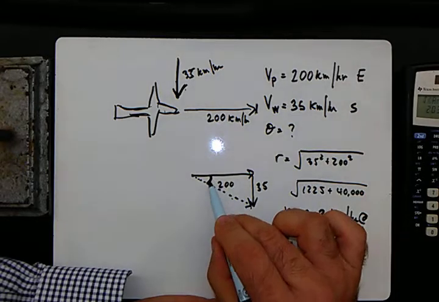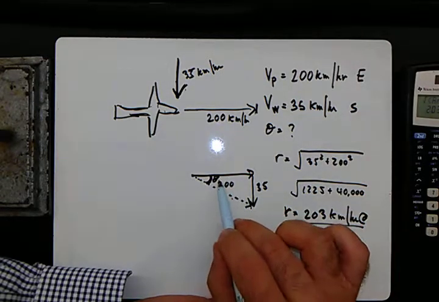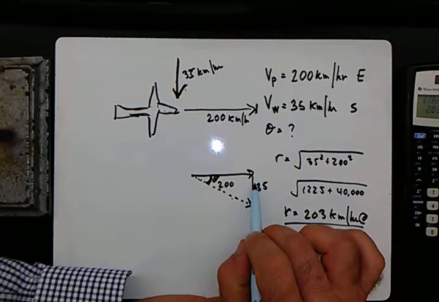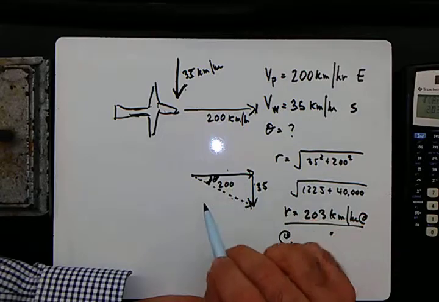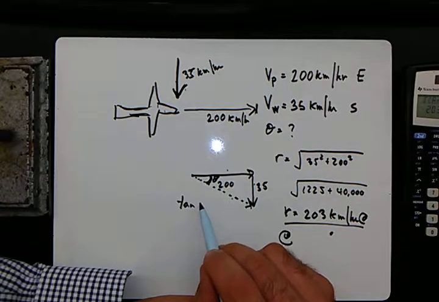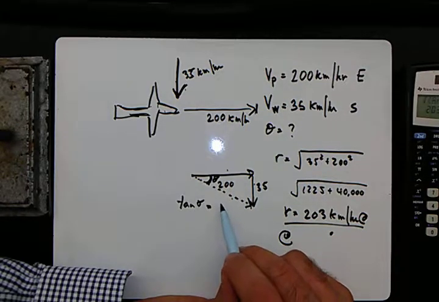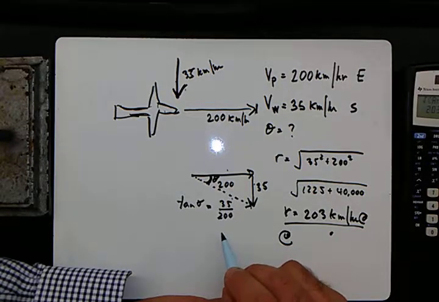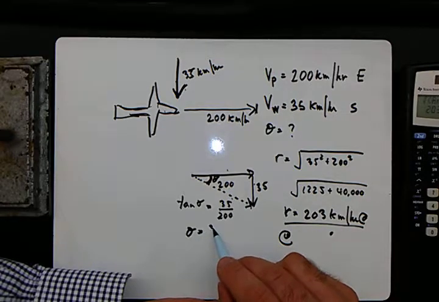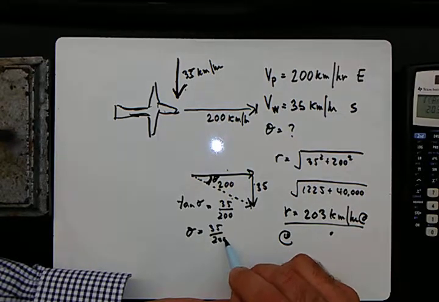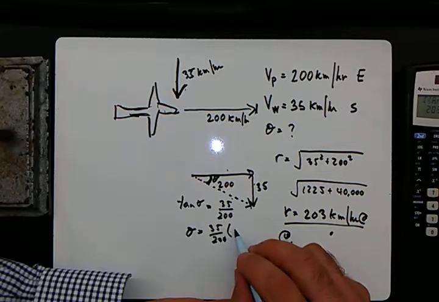To get that angle, we are going to use our trig knowledge. Here's the angle. I've got an opposite, and I've got an adjacent. So the tangent of the angle equals 35, which is the opposite, over the adjacent, 200. So the angle will be the inverse tangent of 35 over 200.